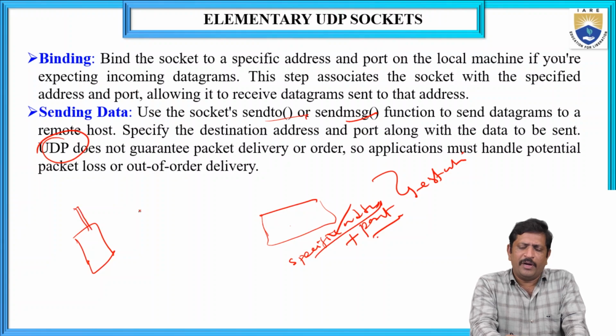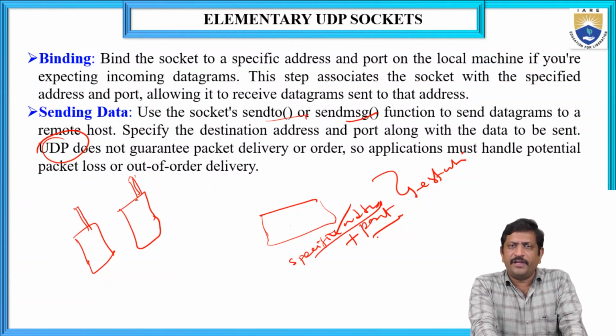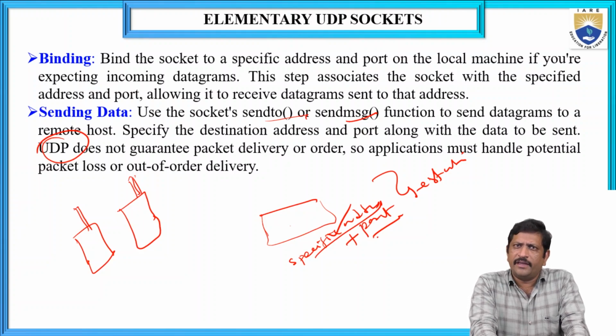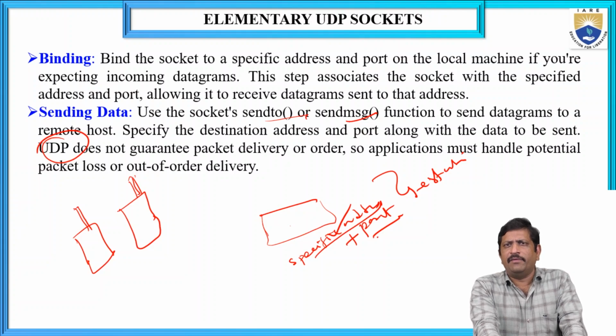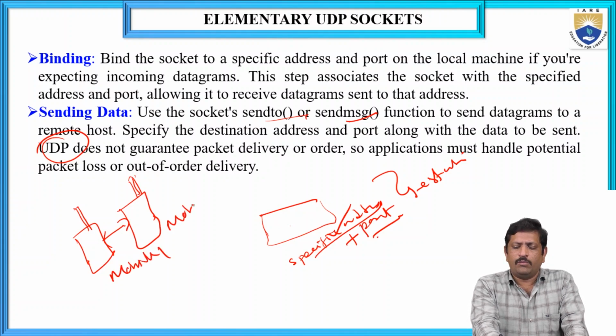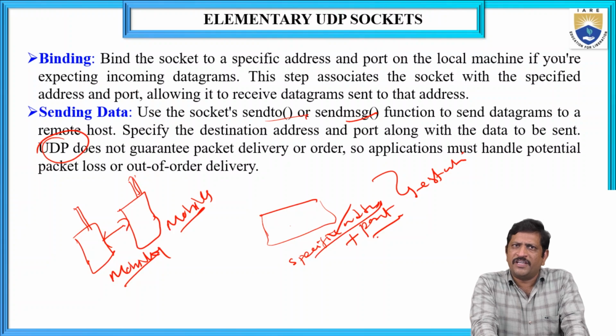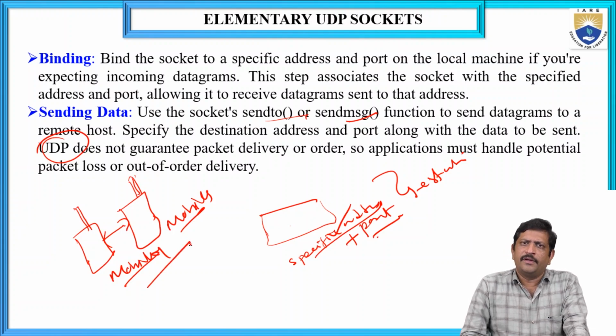From one mobile device to another mobile device, UDP doesn't guarantee packet delivery or order. Generally, this will happen, so the applications must handle potential packet loss or out-of-order delivery.